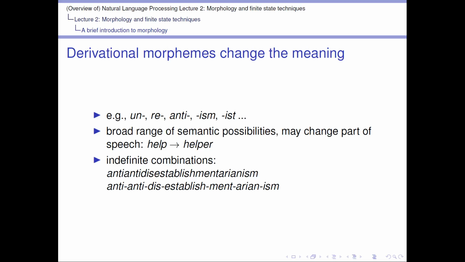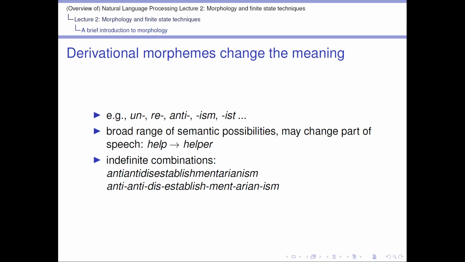So we get adjectives going to verbs, going to nouns, or we get verbs going to nouns, or nouns going to verbs. So this is an example here. So if we have the verb help, if we add the suffix er, it changes it from a verb into a person, a noun. So we've actually changed the part of speech by using this thing.